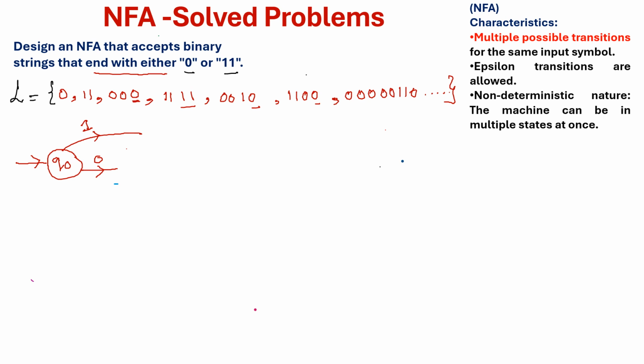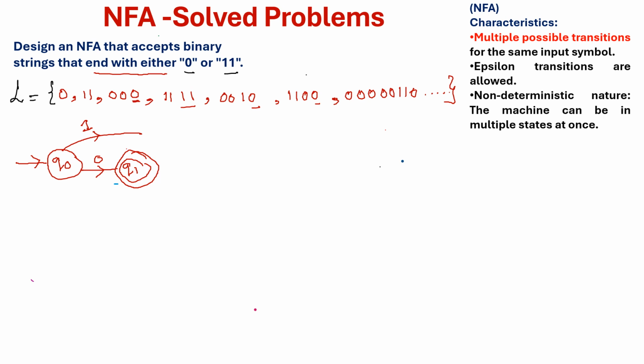And we have only 10 to consider in this string, so it may end. That's why I make it a final state, because we have only 10. Start with 0, end with 0, we have the path. And considering the second string, we need 2 ones at least.